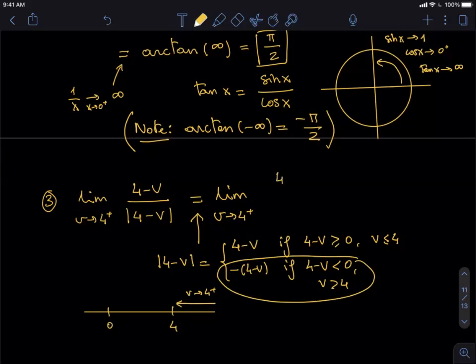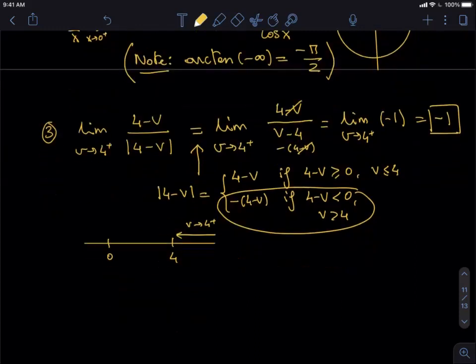So we can write 4 minus v divided by, and then minus 4 minus v is v minus 4. Then I can simplify, right? So this is minus 4 minus v, and I get the limit as v tends to 4 from the right of negative 1, which is negative 1. And that's it.